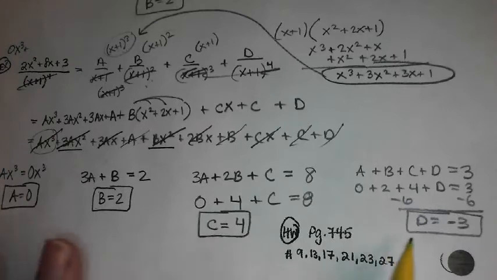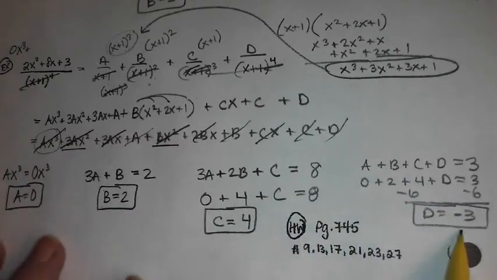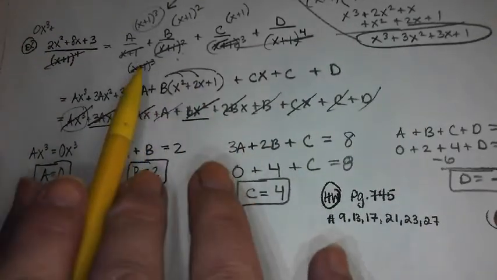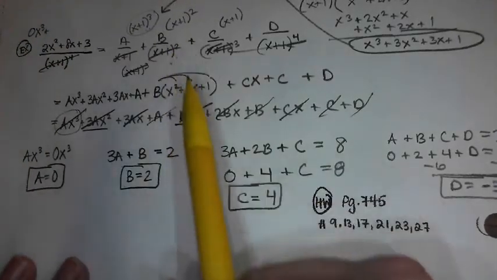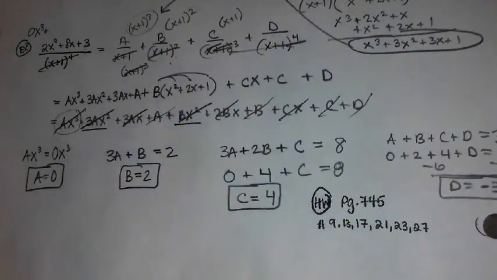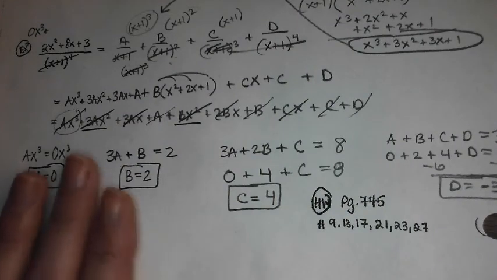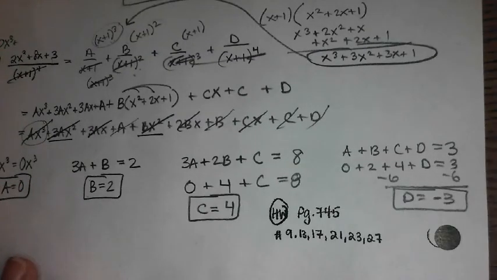And so to write your final answer, again, this is not your final answer. You would have to write 0 over x plus 1, which you could just not write, right? Because that's just 0. 2 over x plus 1 squared plus 4 over x plus 1 cubed plus negative 3 over x plus 1 to the 4th. Oh, Stephen, we don't have time.